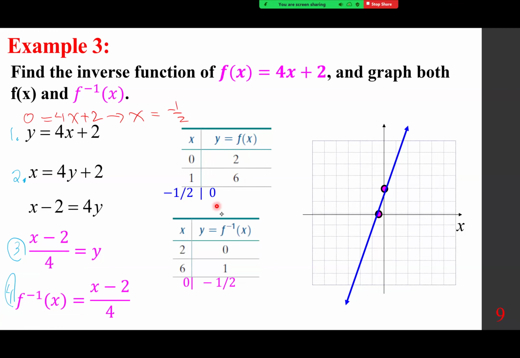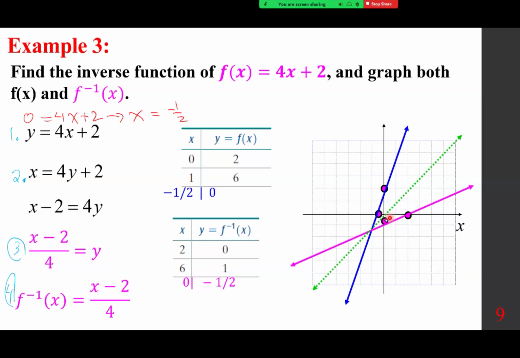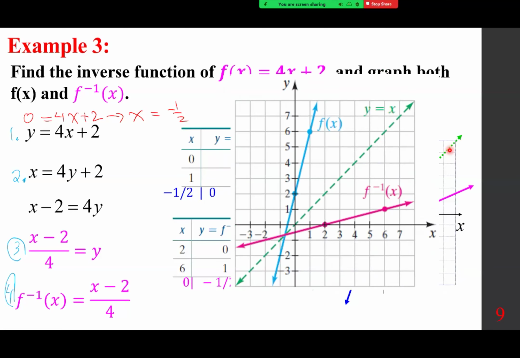So in this case, (2, 0) is here. (0, negative 1/2) is here. Put them together, and they are symmetric with respect to the line. This is y equals x, everybody.